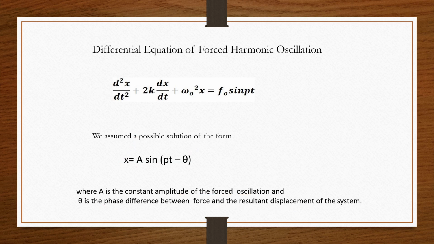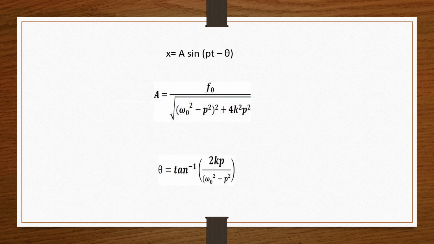Then we went on to obtain the values of a and theta. We got the value of a as a is equal to f0 by root of omega 0 square minus p square the whole square plus 4k square p square, and theta as theta equal to tan inverse 2kp by omega 0 square minus p square.